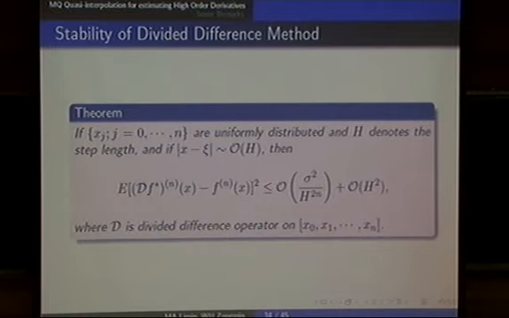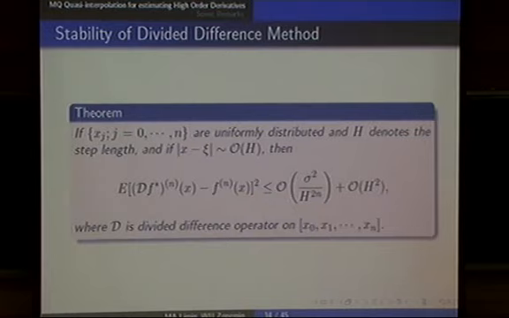is smaller than h to the power 2. This is the theoretical error estimate. However, if you put the random error in the data, then you get this one. This means when you take an nth derivative, you get a factor of h to the power minus 2n times the noise, where delta is the deviation of that.